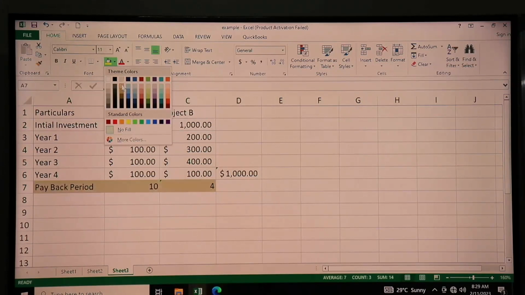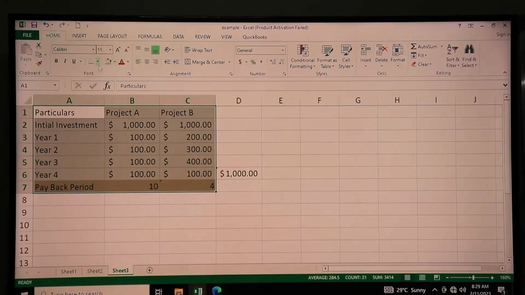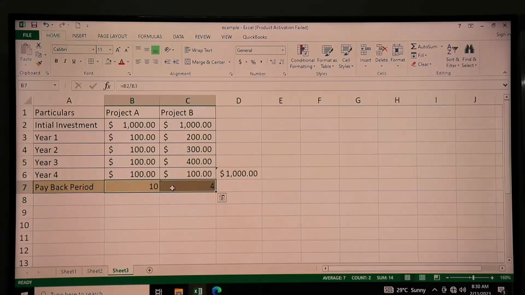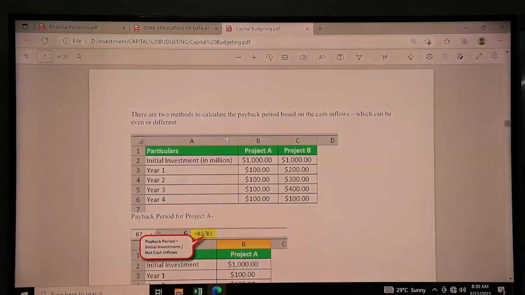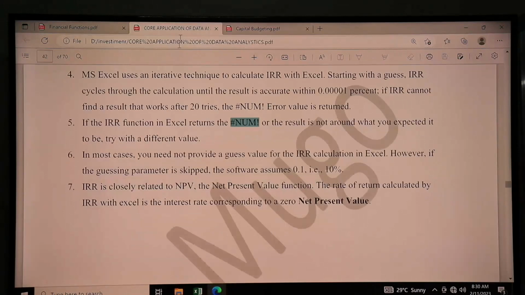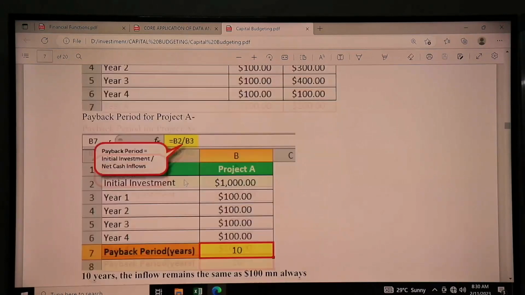So then we can simply say that project A is worth investing in, the reason being that it pays back our investment within a shorter time. We said the shorter the payback, the better the project, and that is the conclusion we made when using the payback period.